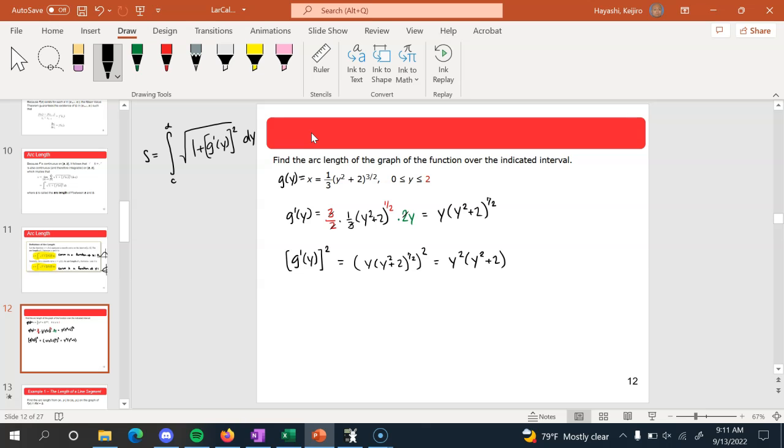The square is going to square the y, and it's also going to square this power of 1/2, which cancels out, and you're just left with y squared plus 2. So y squared in front of y squared plus 2, which is y to the 4th plus 2y squared, if you were to distribute that, which you probably should.